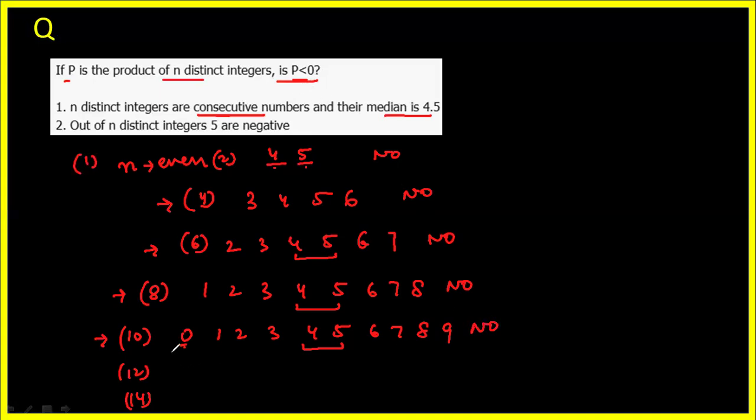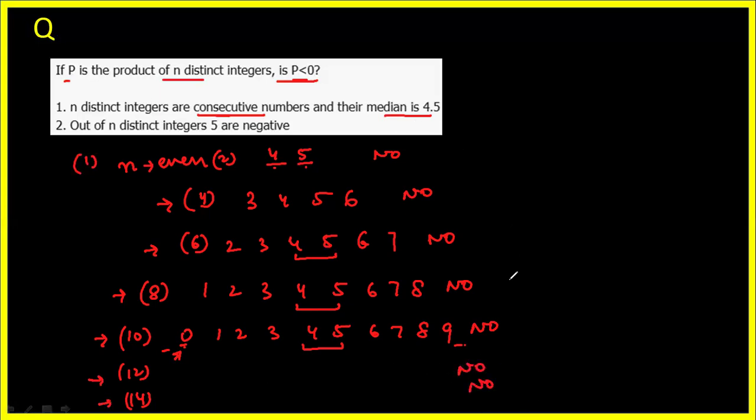Similarly, had it been negative integers also, the product of all is going to be 0. Why? Because we have a 0. 0 multiplied by anything will not get anything less than 0. It will be 0 itself, right? So our answer for any particular case would remain the same.